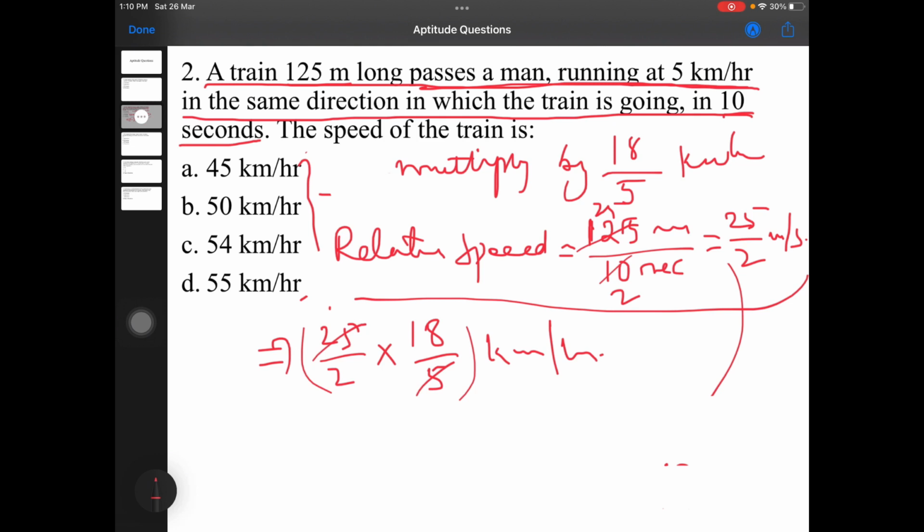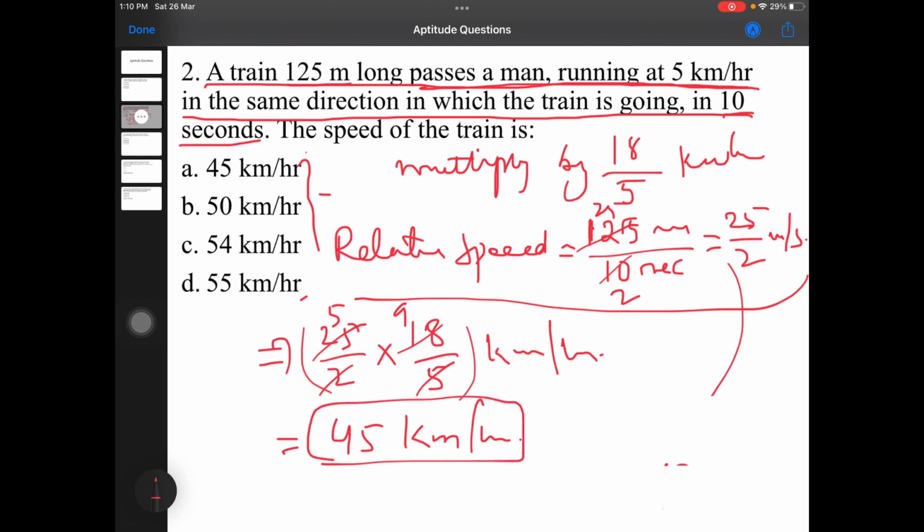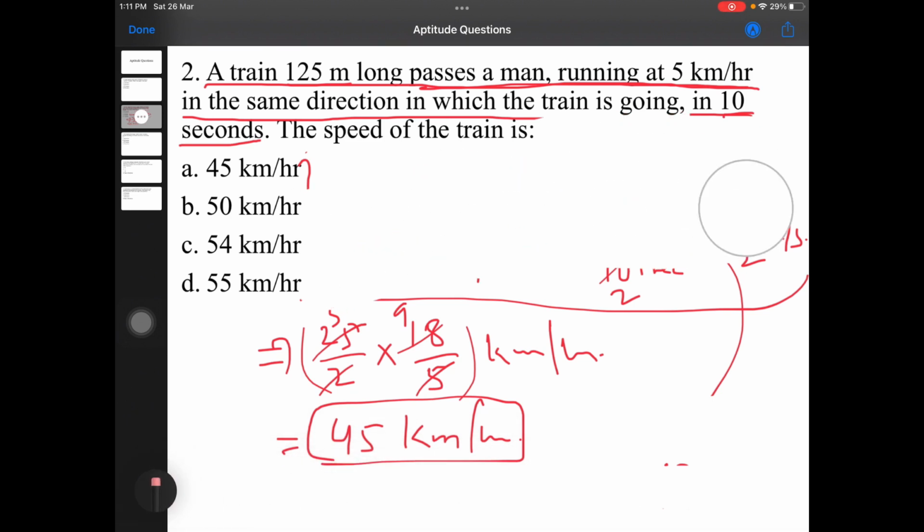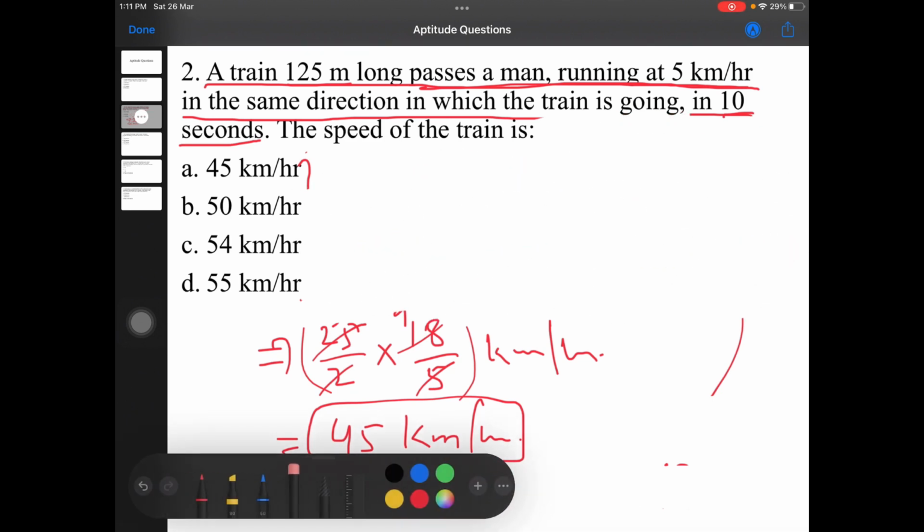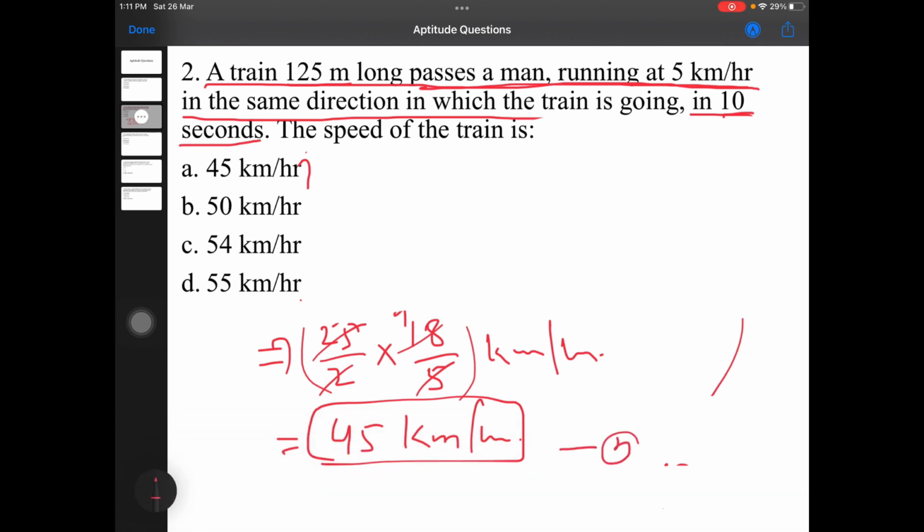So 5 we can cancel, here we can cancel, become 9, so it's equal to 45 kilometer per hour. So the relative speed of the train is 45 kilometer per hour. This is the first equation.